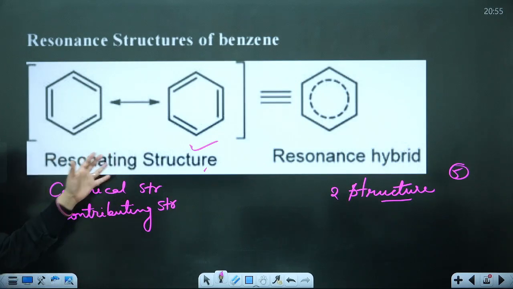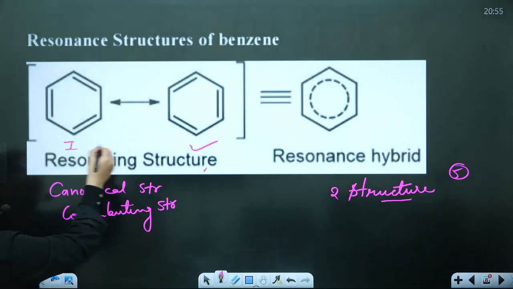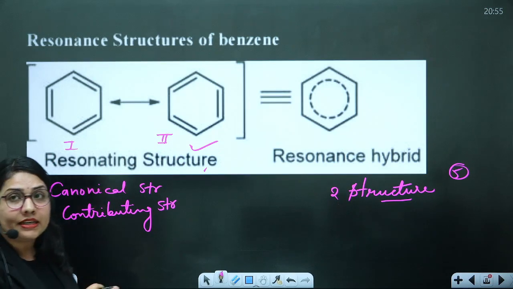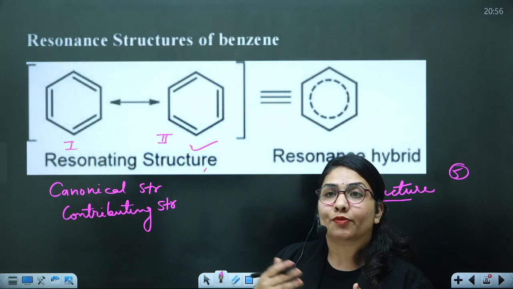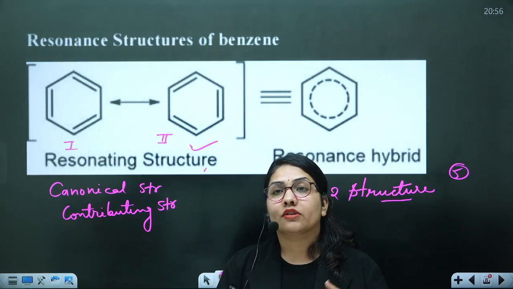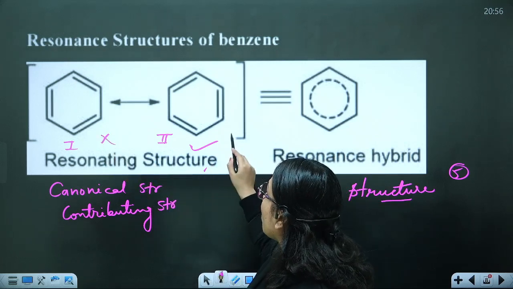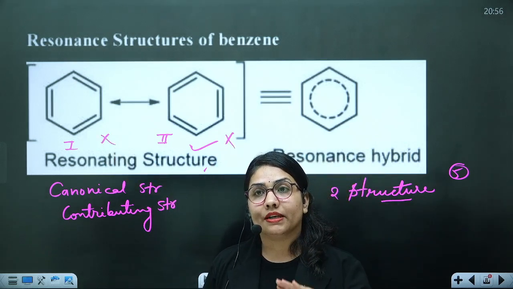Okay, and the combination of these is the actual structure. See, this is structure 1 and this is structure 2, and none of them exactly defines the structure of benzene. When the experiments were done, it was seen that neither this nor that defines the structure of benzene completely.